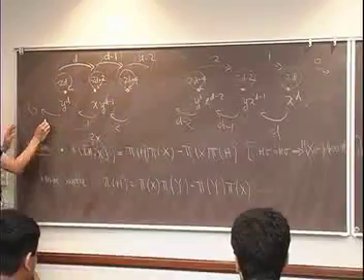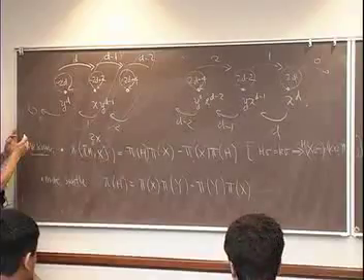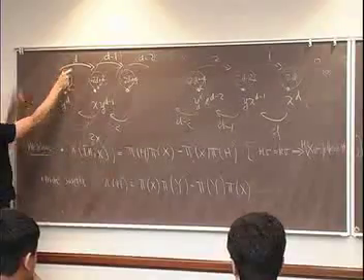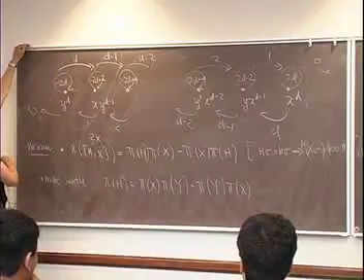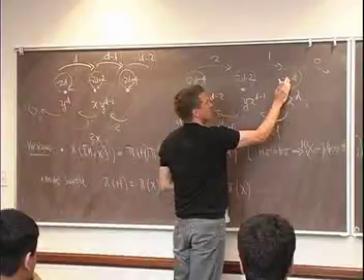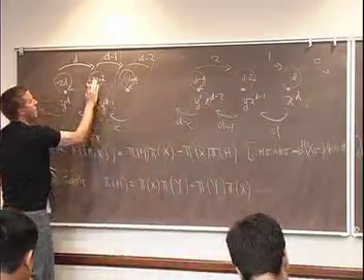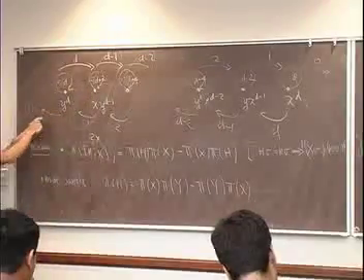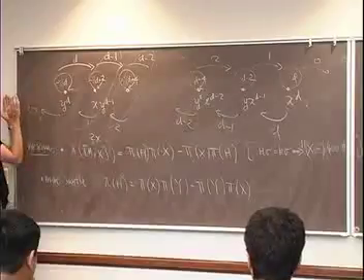The highest weight is d and not 2d. Yeah, so if I take this minus this, I get the weight. If I take this plus this, I always get d.